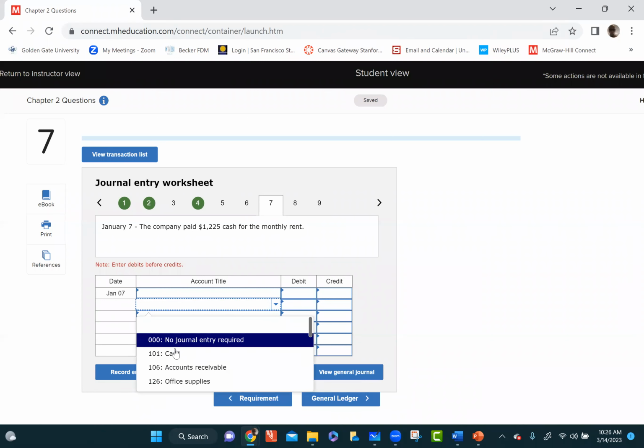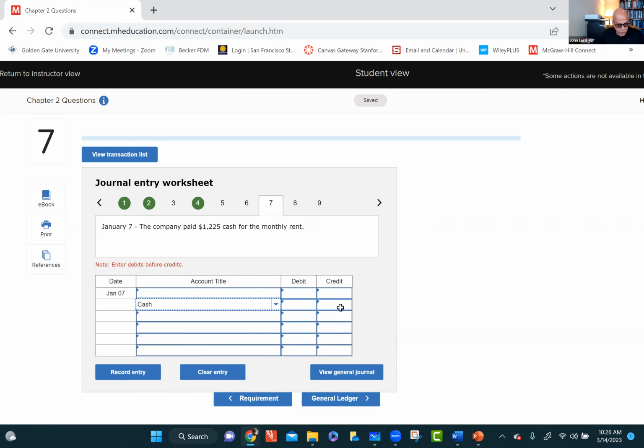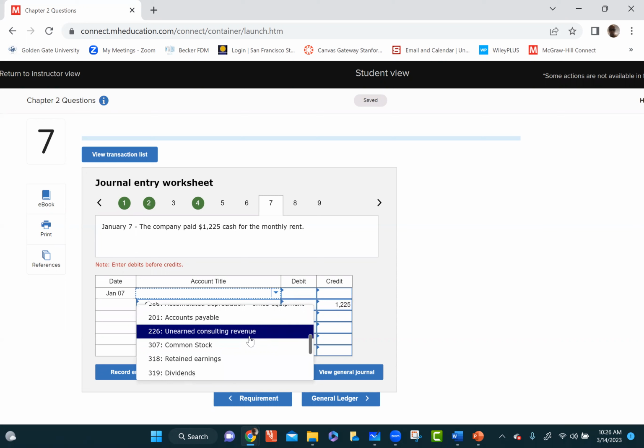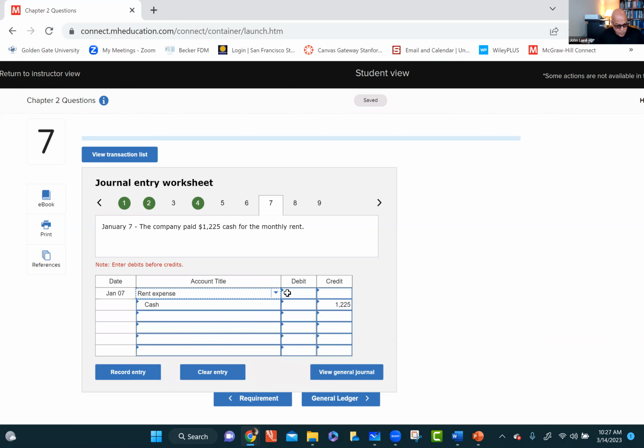Credit cash. Good, credit cash. 1,225. Good. What do you want me to debit, Elizabeth, if I'm paying rent? Rent expense. Good. Here it is. 1,225.